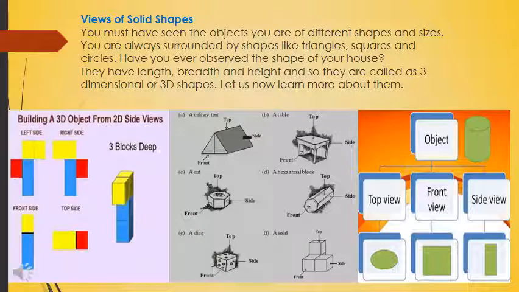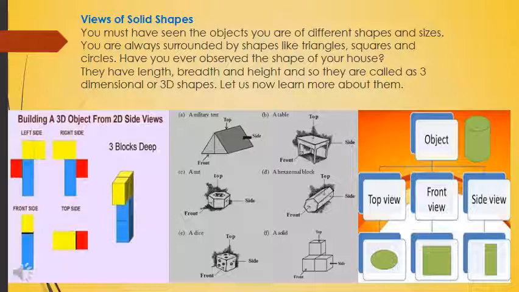Dear students, we can observe any object through different views. Similarly, a solid also has different views like top view, front view and side view. So let's see some examples of solids which have these 3 views.